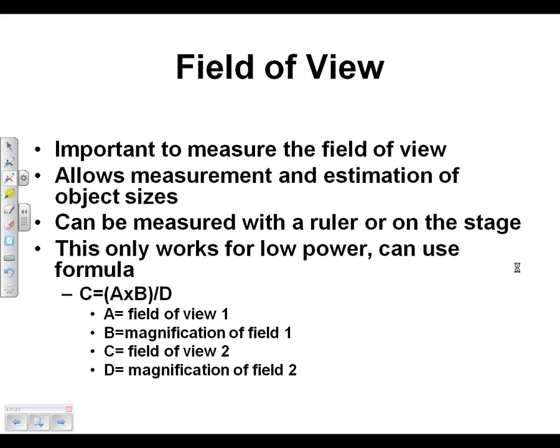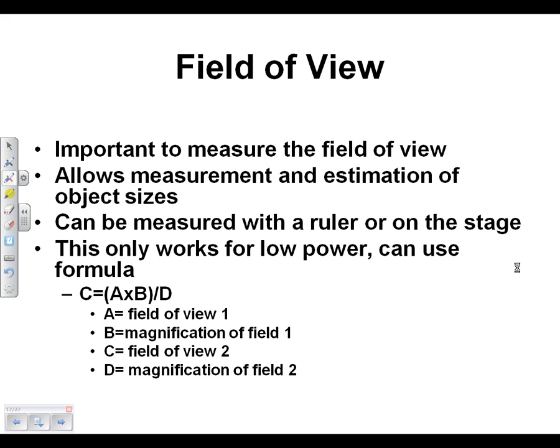You can actually measure the field of view by putting a really tiny ruler, essentially, underneath the microscope and calibrating the size. Now you can really only do that at low power because at high power, you're essentially looking right between the little gradations on the ruler.